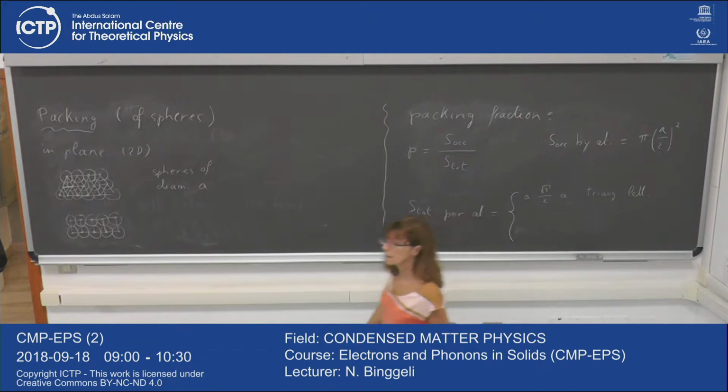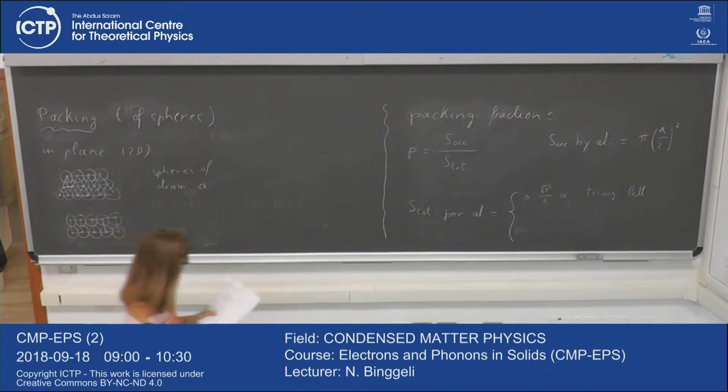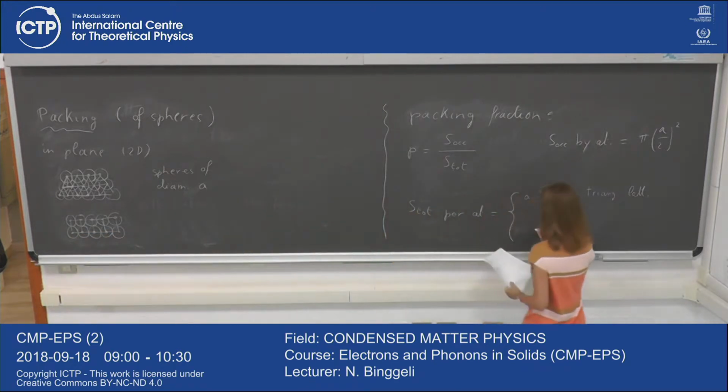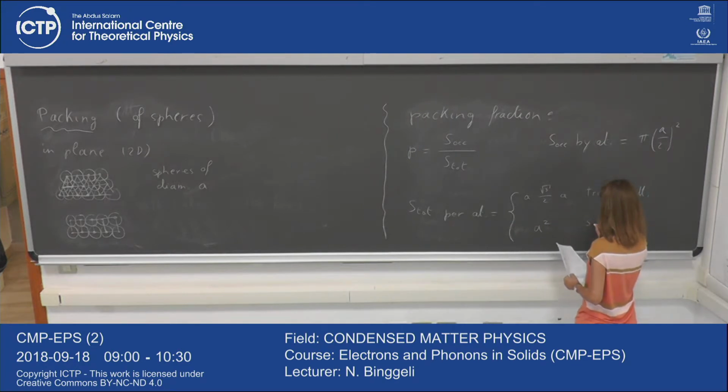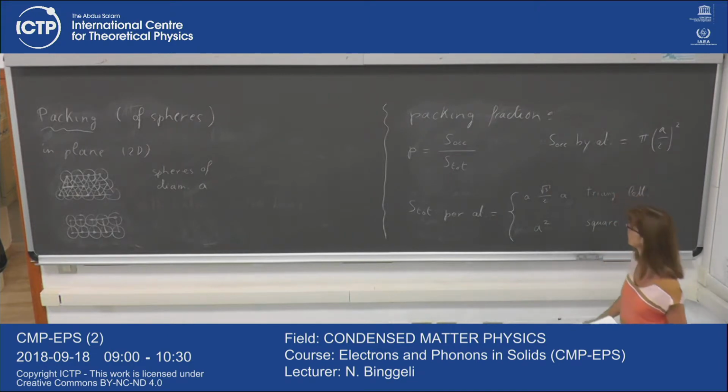And if I calculate the surface per atom in the case of the square lattice, it's just A squared. Okay. Is it clear?